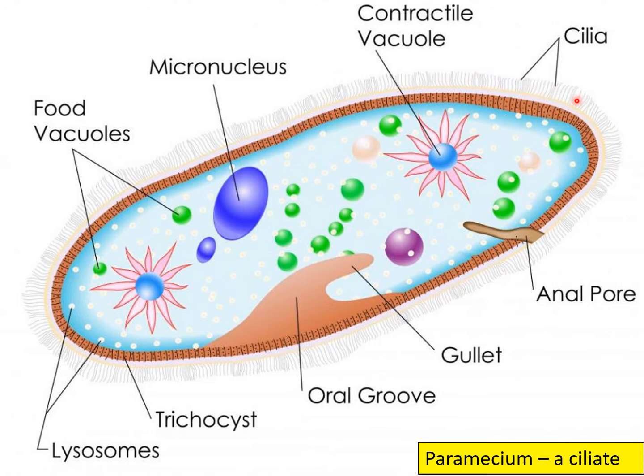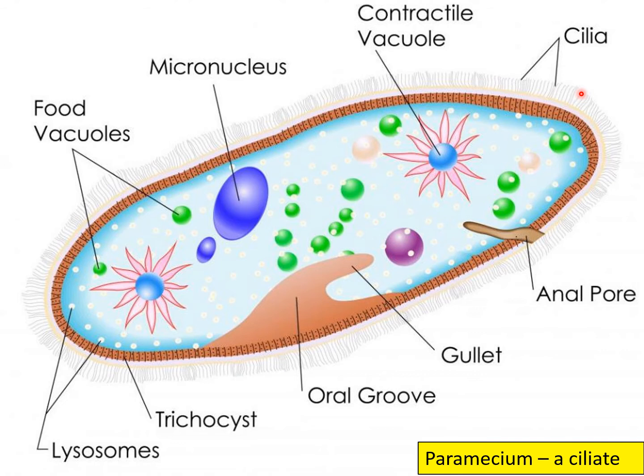And you've also got around the outside these things which are called cilia. Cilia are like tiny little hairs, and they move backwards and forwards, and they allow this cell to move. So if you've had a look at the YouTube video about paramecium, you can see them swimming around using their cilia, and some of our cells actually have cilia.